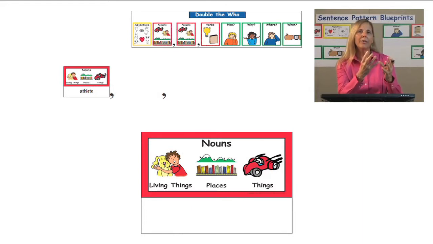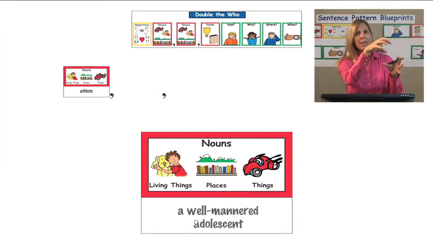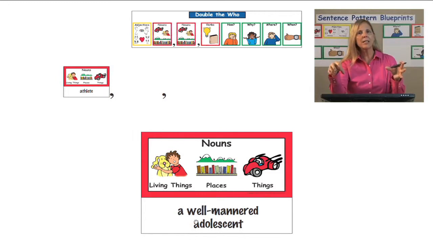Many times when you think of adolescent, teenagers, and they may be goofing around or being inappropriate, sometimes that word's used in that context. If we say well-mannered adolescent, our reader can make inferences saying, here's an adolescent, but in a group of these teenagers, he's different because I'm saying a well-mannered adolescent.